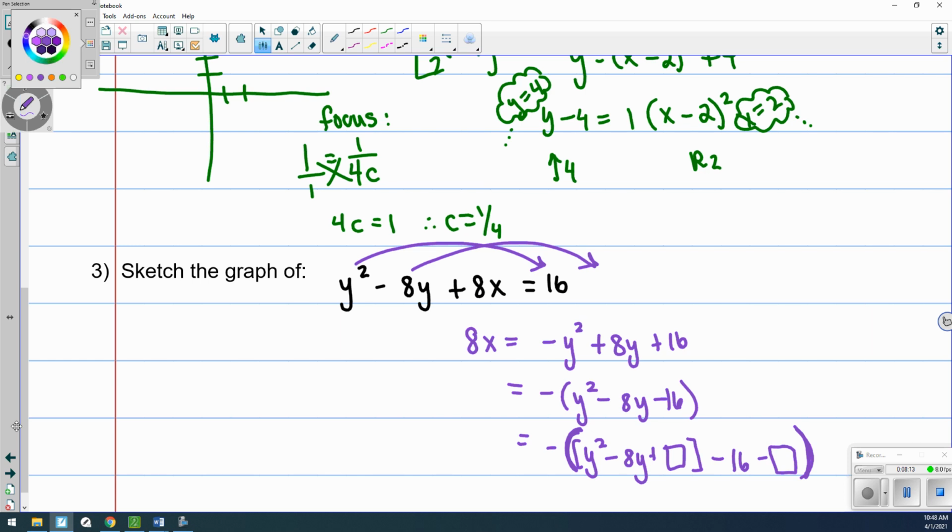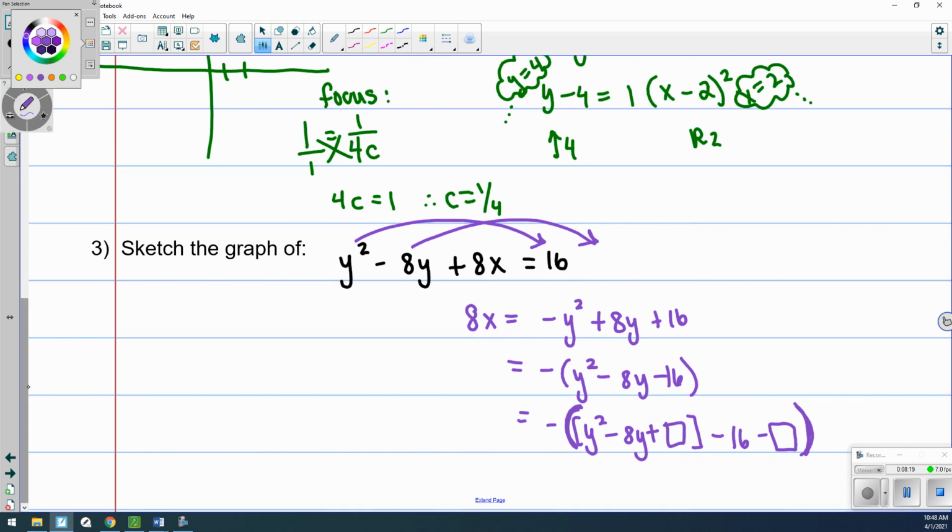I want to complete the square so that I can create a perfect square trinomial. If you're starting to be like, what? Just go with me for right now, and then rewind and watch the video again. Okay, so I take half of negative 8, which would be negative 4, and I square that, and that's 16. So I add 16 and I subtract 16.